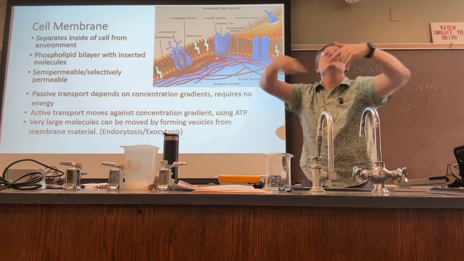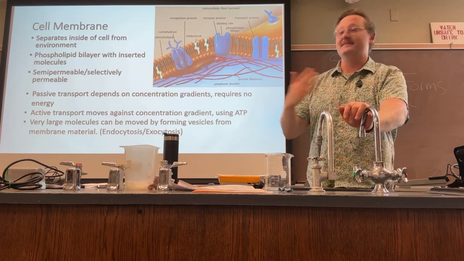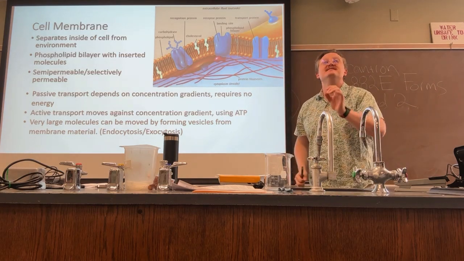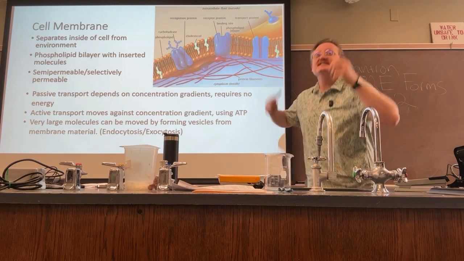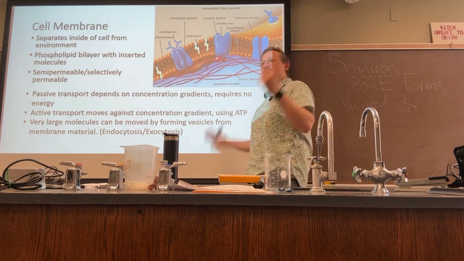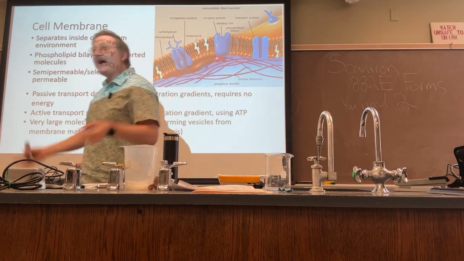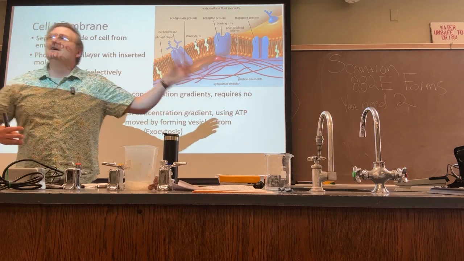But the way the cell determines what gets transported is through what proteins it has in its membrane, right? Because every cell has the same genetic blueprints, every cell has the capacity to make every membrane protein.